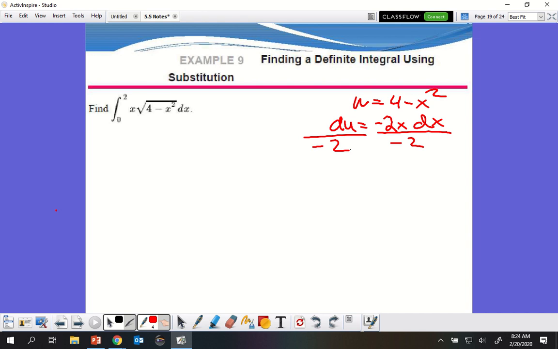Say yes. It's going to be a constant k. So if it's a constant k, what can I do with it? Move it out all the way in front. So it's going to turn into the negative 1 over 2 integral from 0 to 2 of, let me see, the x is going to go away, the dx is going to go away, and I'm going to be left with u to the 1/2 du.